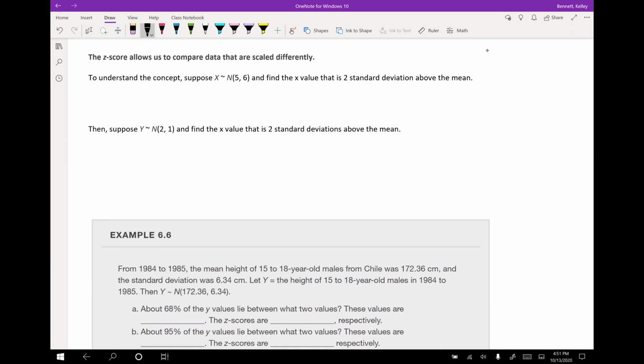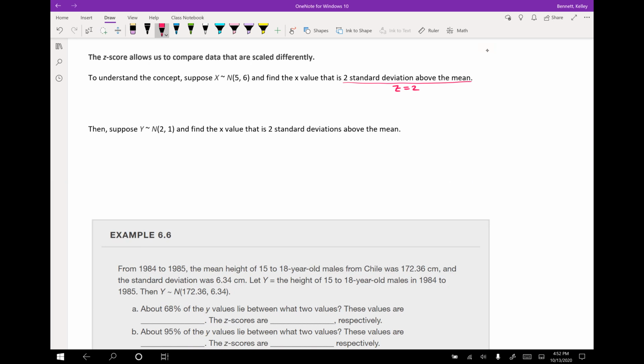So if x is normally distributed with mu 5 and sigma 6, find the value that is 2 standard deviations above the mean. So this means that z is 2. Let's look at the next example.